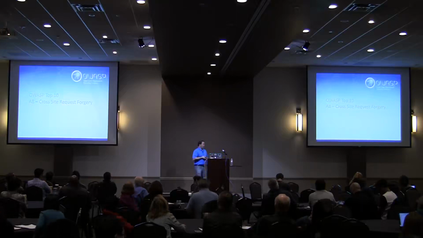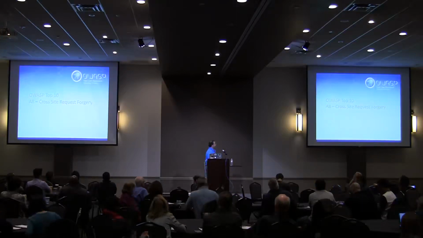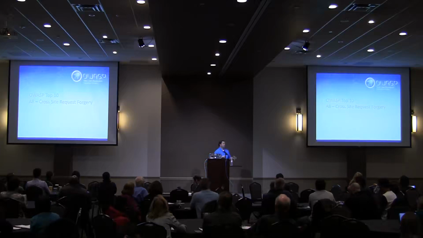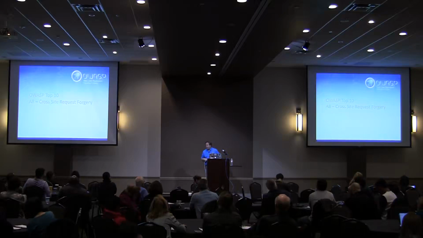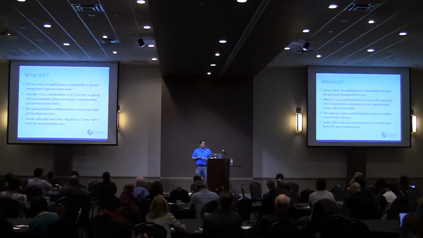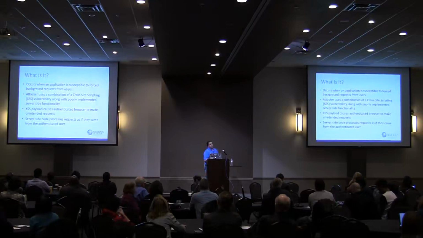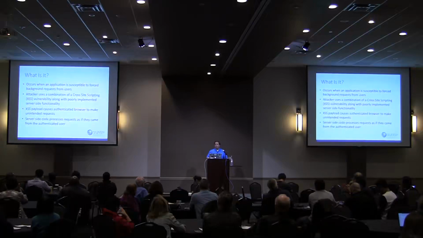All right, so cross-site request forgery. I briefly mentioned this earlier when I talked about cross-site scripting and some of the ways we move beyond cross-site scripting into other types of attacks. Cross-site request forgery occurs when an application is susceptible to forced background requests from the users. The attacker uses the combination of a cross-site scripting vulnerability, which is basically trust in that website, right?